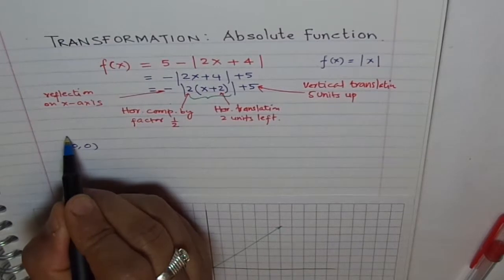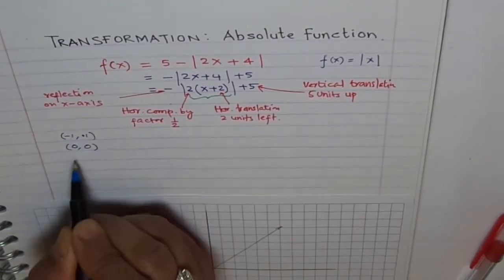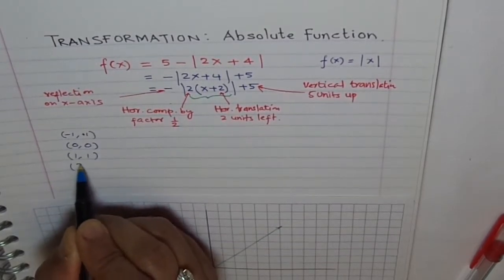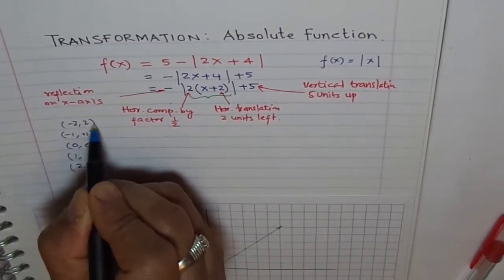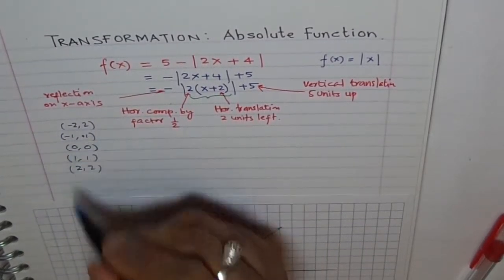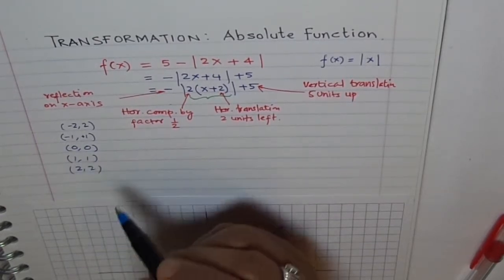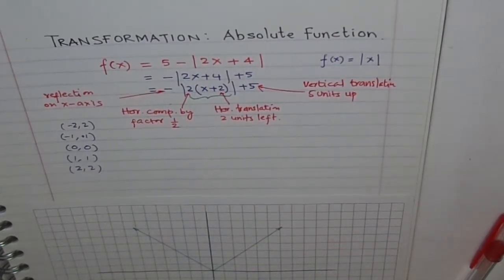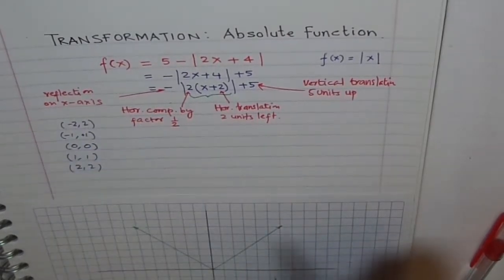And we can take minus 1, 1, plus 1, 1, 2, 2, and even minus 2, 2. So these 5 coordinates give us the absolute function graph to perfection, right? So you have origin and 1 point here, 1 point here, extended. That should work, correct? Now these are our points to consider.